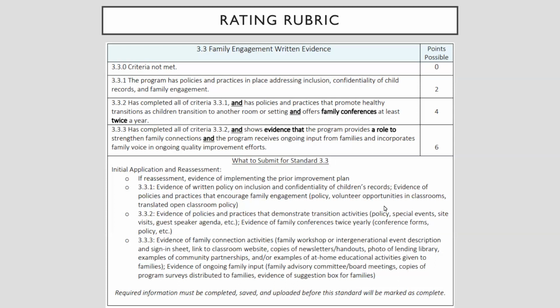So policies you have in place in your handbook, other ways that you incorporate that practice into your program, and then evidence that you provide family conferences twice a year. If you're able to demonstrate this information in your program and provide this evidence, then you can move to the last section.